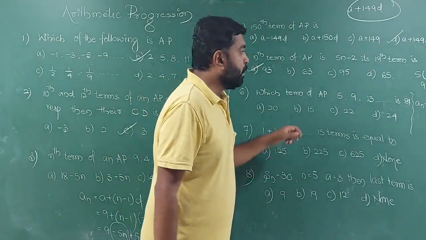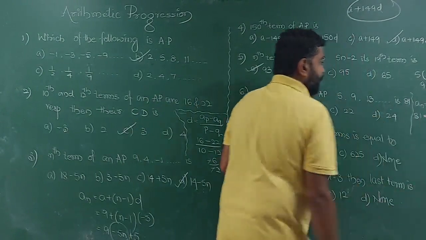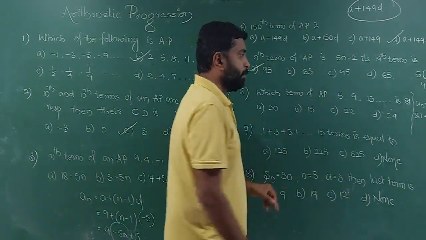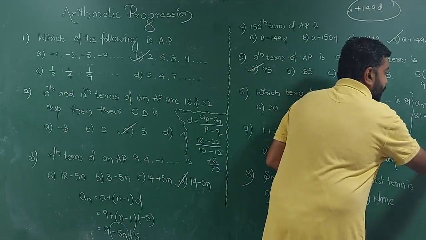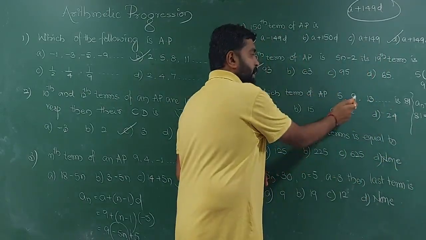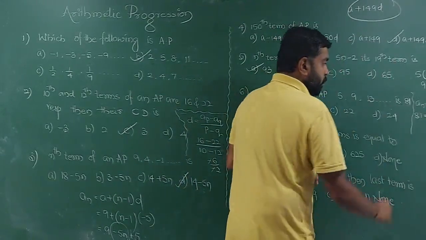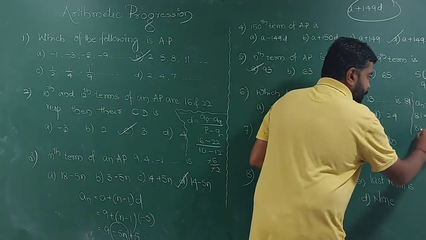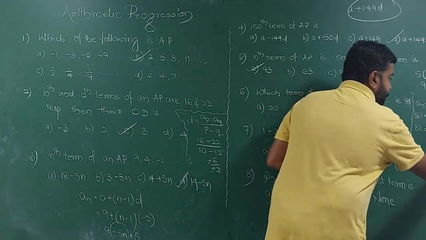So an is 81, equal to a, which is 5, plus n minus 1, n I need to calculate, into d. The d value is 9 minus 5, which is 4.